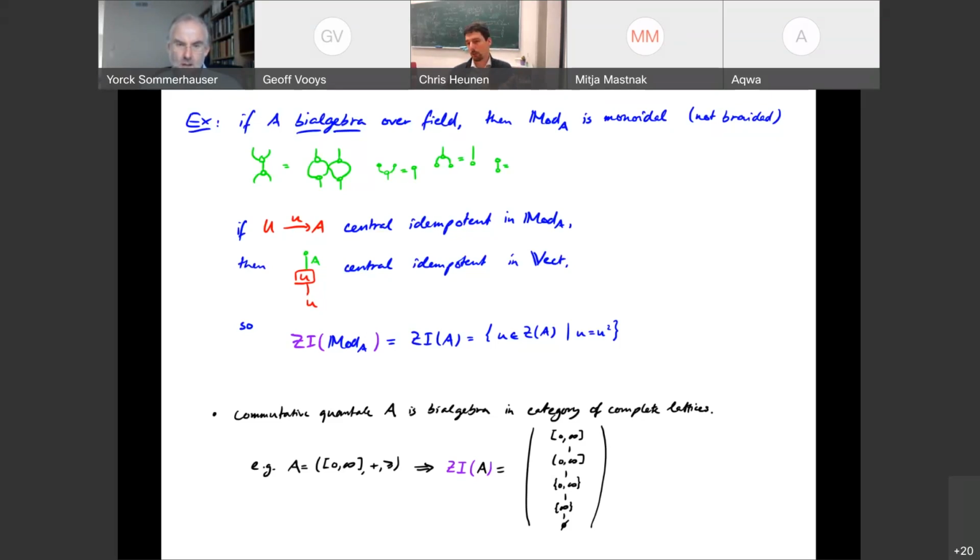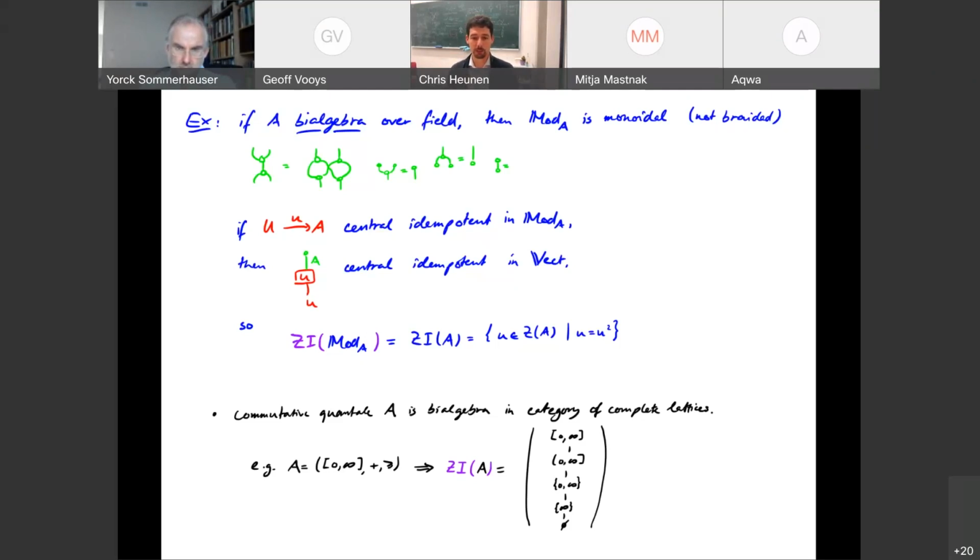So you can ask, what are the central idempotents in this category? And if you think about it for a bit, a central idempotent in modules over A is a map into the tensor unit, which is A itself. But you can take that one step down by saying that it's a morphism from some object U into A, and then I can forget about A in the category of vector spaces because there's only two central idempotents there.